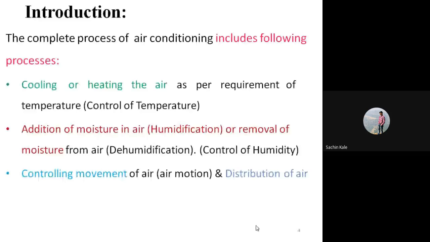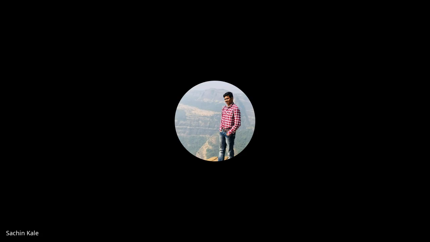And if you are going to maintain all three parameters, that means you have controlled the temperature, the humidity, and the air motion as well as the distribution of air. But whatever conditioning air is there, it contains some amount of contaminants or foreign particles.